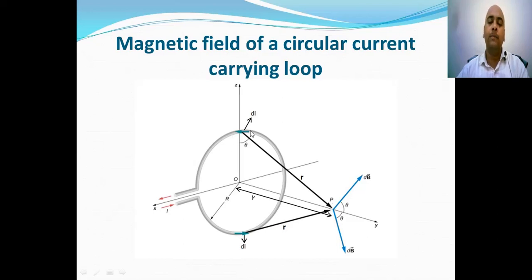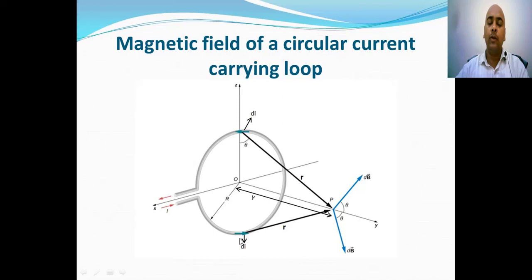Now let us consider a small element dl of length of conductor on this coil. In order to find the magnetic field at point P due to this differential element, we take a radial distance from dl to point P, which is small r.